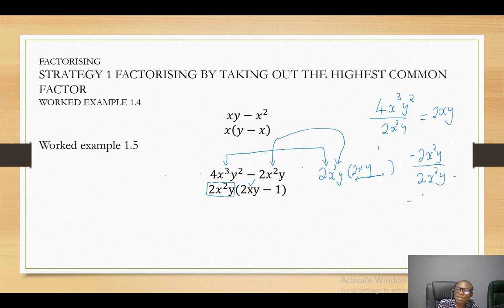The answer here is negative 1. So you factorized by taking out the highest common factor. Guys, it's very, very important that you know how to factorize by taking out the highest common factor.